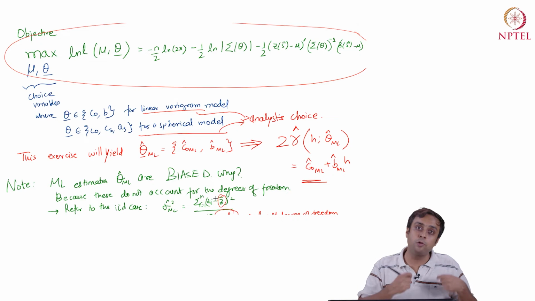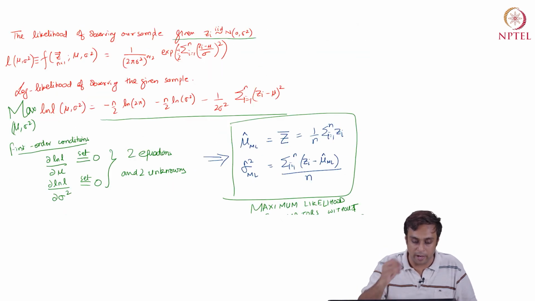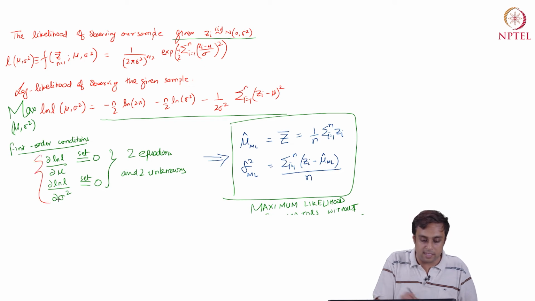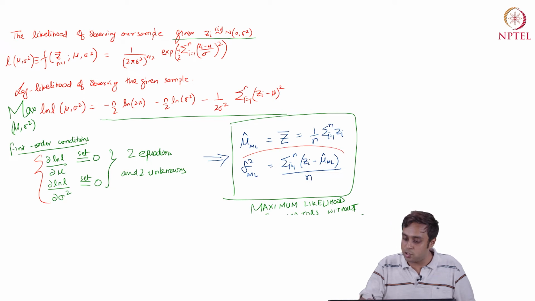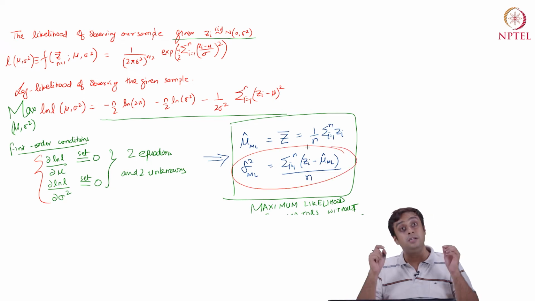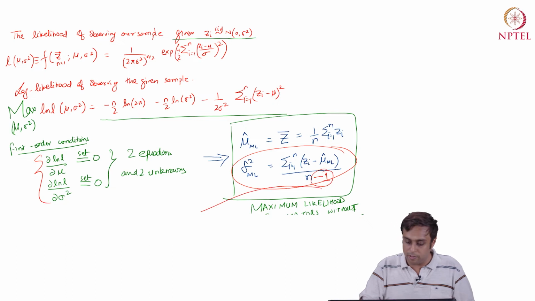But when you solve those first order conditions in the IID case, the sigma hat squared ML that comes out does not account for the loss of degree of freedom. So, this loss of degree of freedom remains unaccounted.